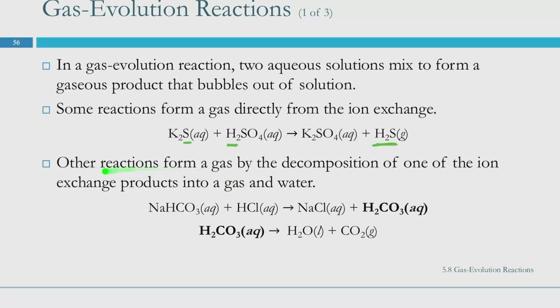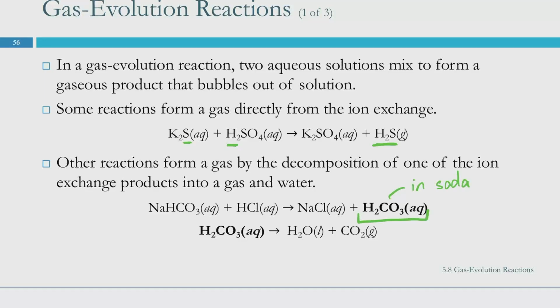There's other reactions that form gas through decomposition. So you will have to remember a couple of these intermediate decomposition products. One of them is carbonic acid, H2CO3. This is in soda. Gets produced when soda's made.